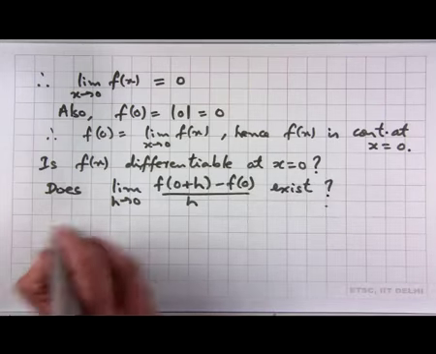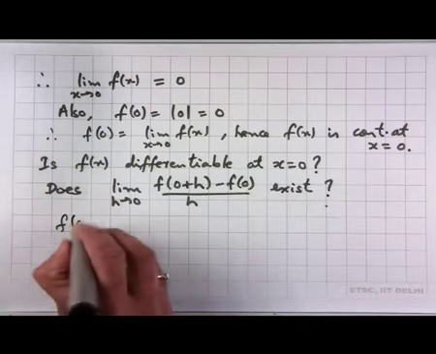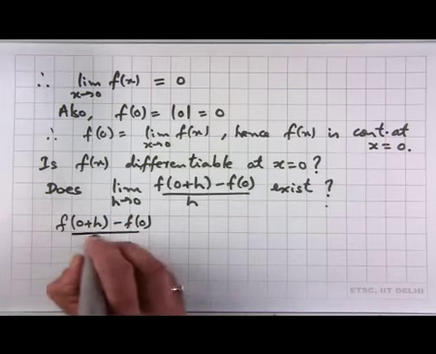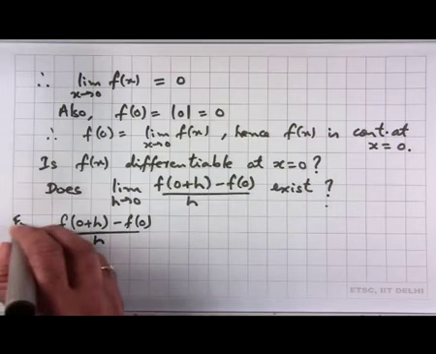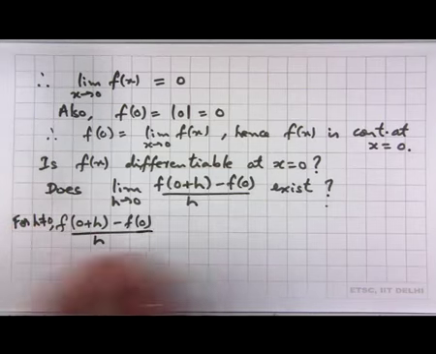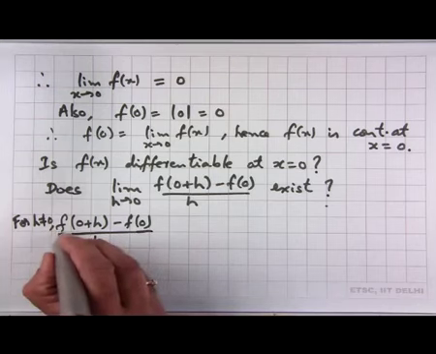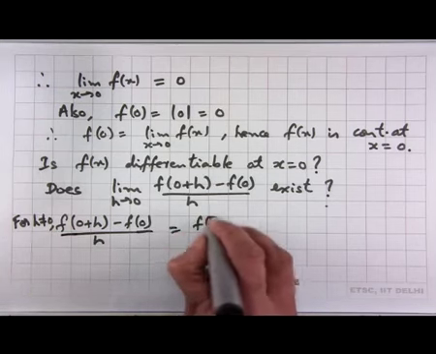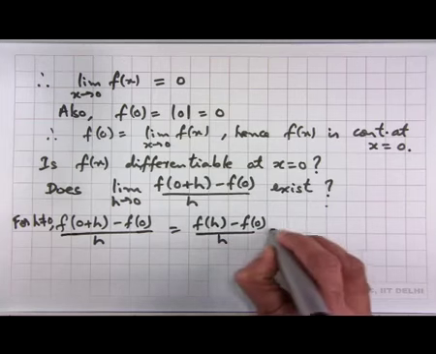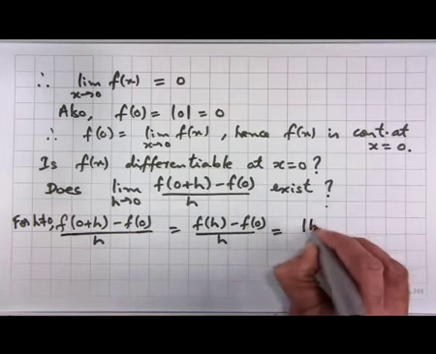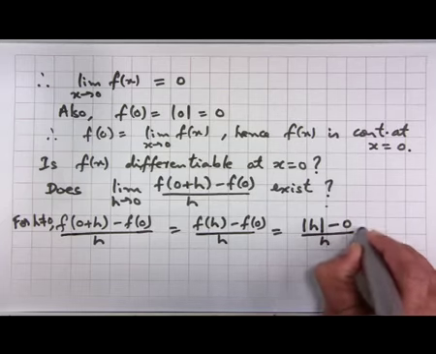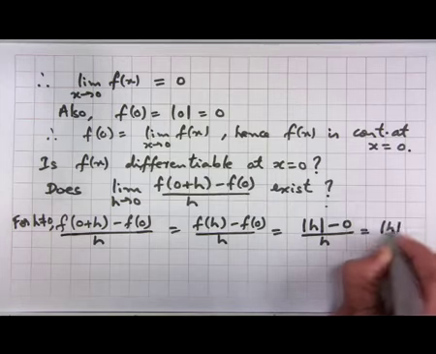So, let us look at what is f of 0 plus h minus f of 0 by h. If we take any h non-zero and look at this difference quotient, this is equal to f of h minus f of 0 by h, and f of h is mod h, f of 0 is 0, divided by h. So, we get mod h by h.